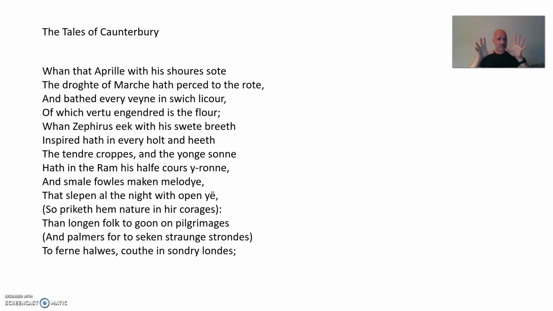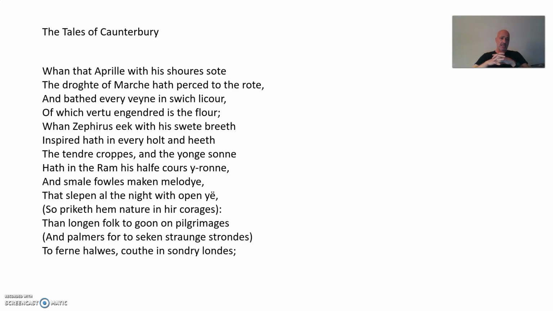And just, I mean, for those of you who know German or French or Spanish, anything like that, it may help that you pronounce the vowels according to those languages, not English, not modern English. Yeah? So, one that April with his sure sorte, the drocht of March hath perset to the rote, and bathed every vein in switch liqueur, of which were two, engendered is the floor.